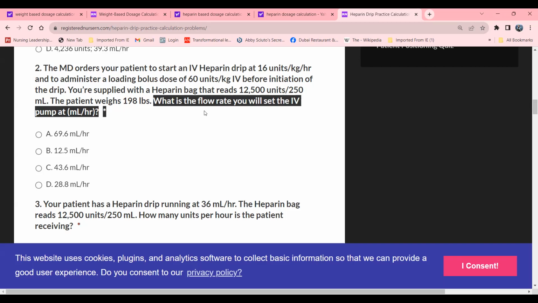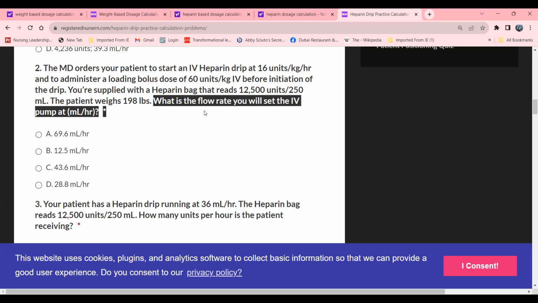Okay, so now all you have to calculate is your desired dose, right? Because you have what you have on hand. That's given in the statement, right? So to calculate the desired dose on this, you need the weight, which is what? 198 pounds. Okay.